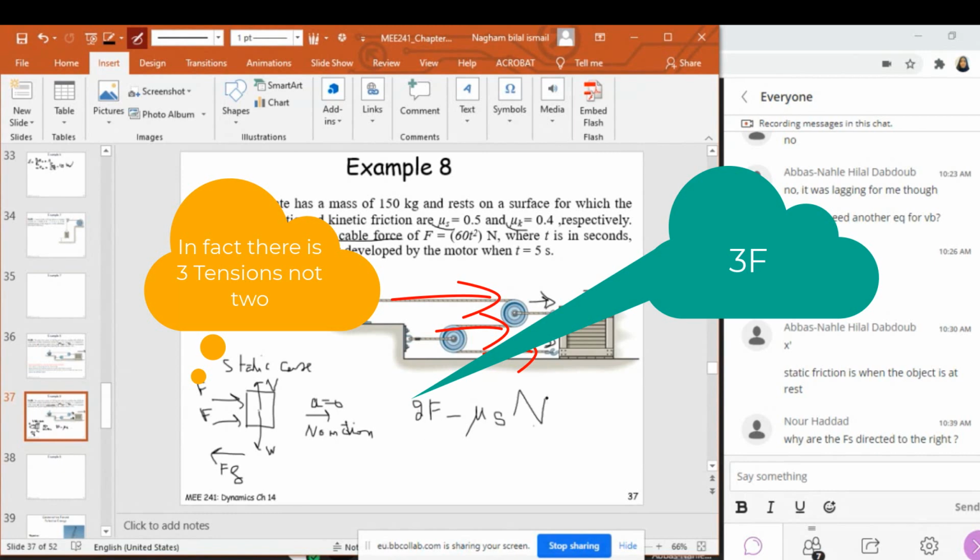Okay? So it's 2F minus mu_s times the normal force is equal to 0. Now I know, guys, that the normal force is equal to the weight if you apply the equation in the y direction. So I'm going to replace the normal force by the weight, and it is equal to 0.